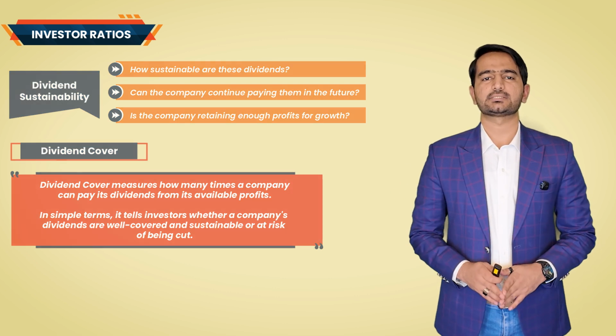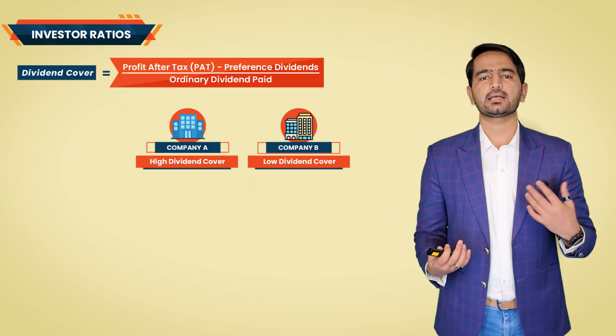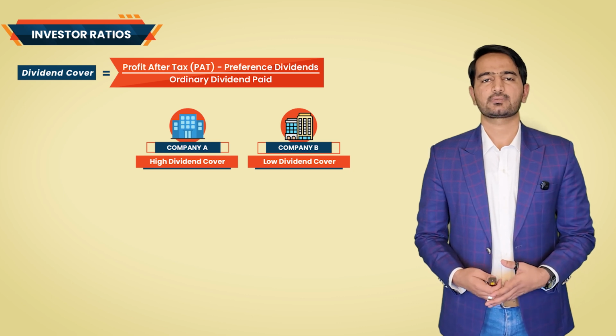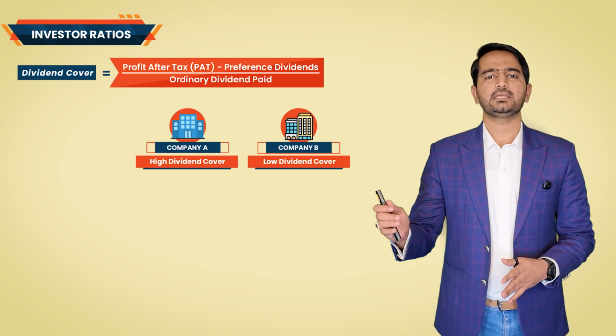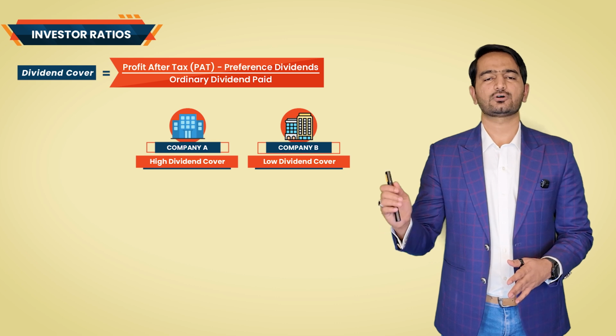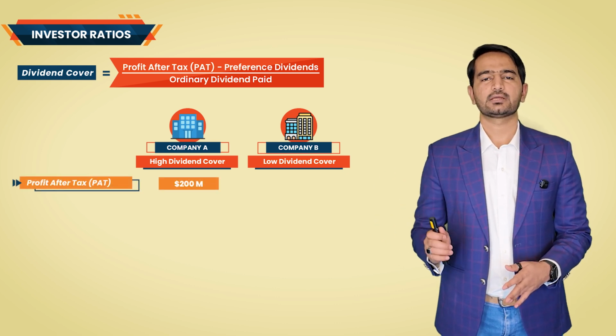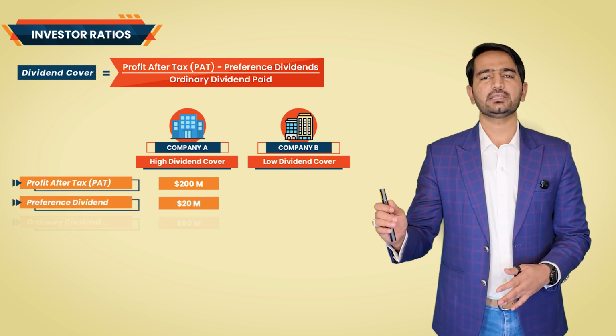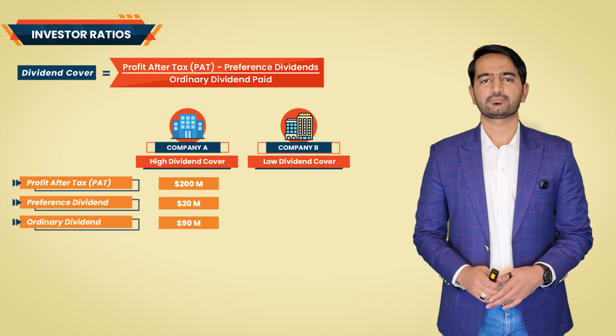Let's consider two companies, Company A and Company B, and see how dividend cover works. Let's say Company A has profit after tax of $200 million, preference dividend is $20 million, and ordinary dividend is $90 million.